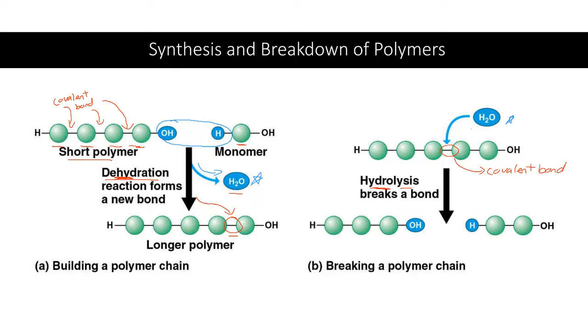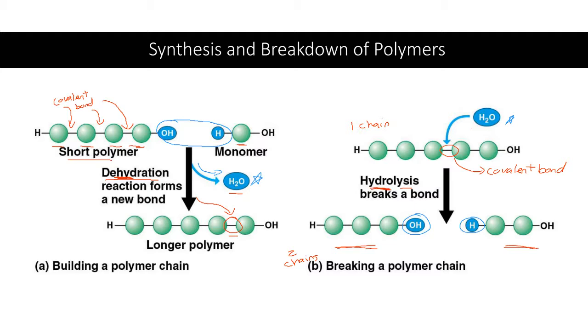We add this water molecule into the reaction, and then the water molecule splits into an OH group and a hydrogen group. We add them to the 2 different little chains of monomers now, and what do we get? Well, we get 2 smaller chains, right? We start with 1 chain, we end up with 2 chains, one bigger than the other one.